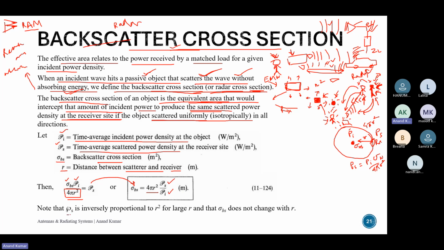So we have to note that the scattered power is inversely proportional to the distance between the scatterer and the receiver, and the sigma bs does not change with r.